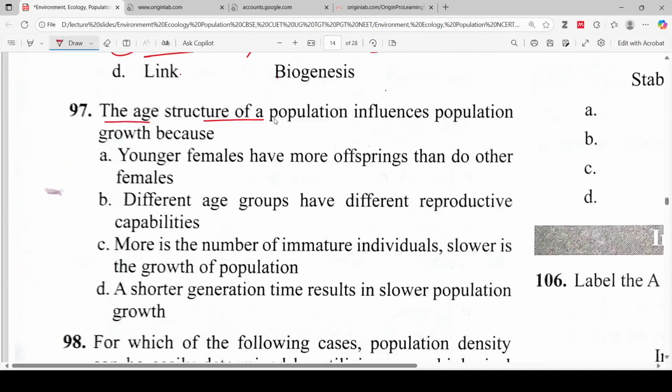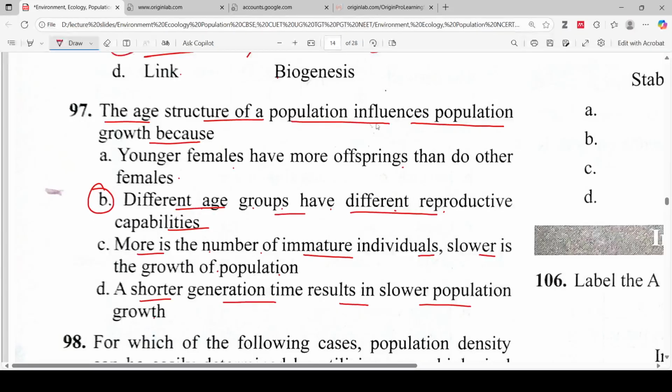So next question. The age structure of a population influences population growth because youngest females have more offspring than do the other females. Different age groups have different reproductive capabilities. Option C, more is the number of immature individuals, slower is the growth of population. A shorter generation time results in slower population growth. So the correct answer is different age groups have different reproductive capabilities.